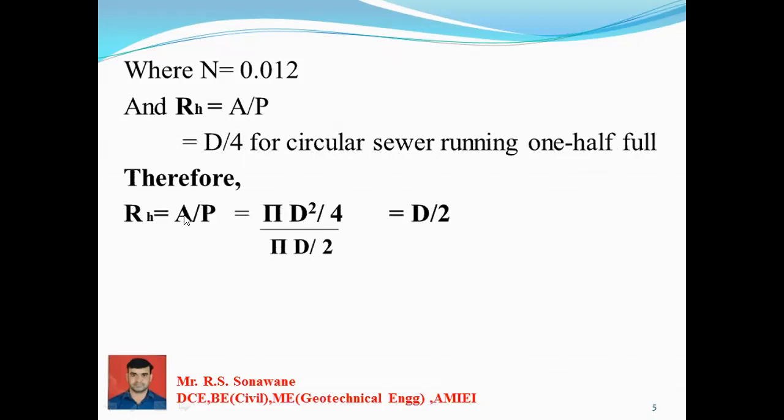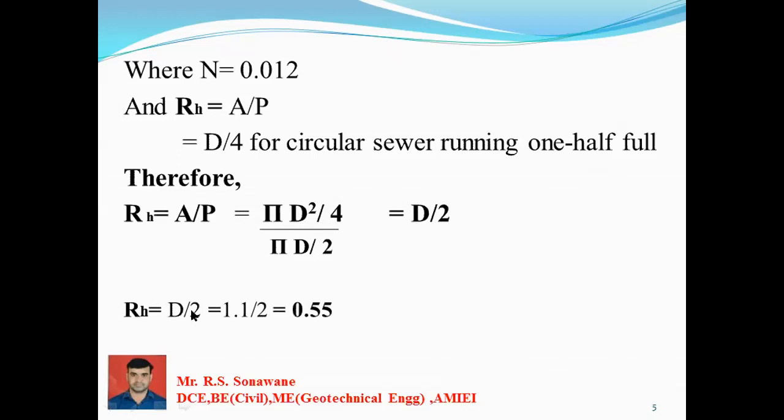R_H is equal to area upon wetted perimeter, that is equal to area, pi by 4 into D square, divided by pi by 2 into D, that is equal to D by 2. All this relation we explained in the previous lecture.